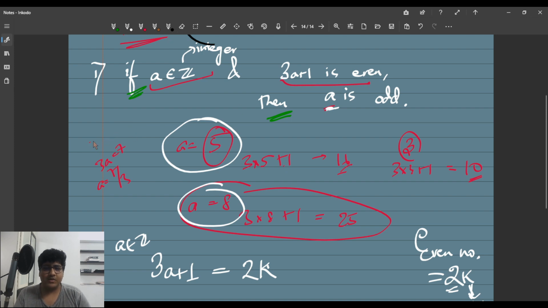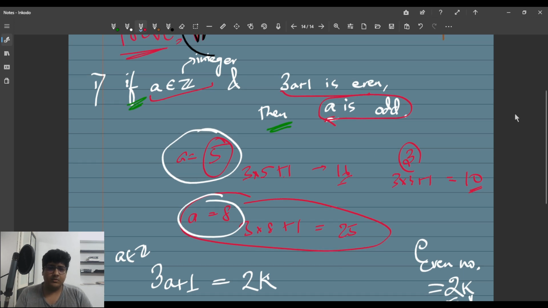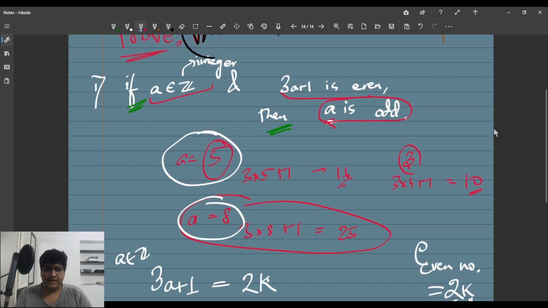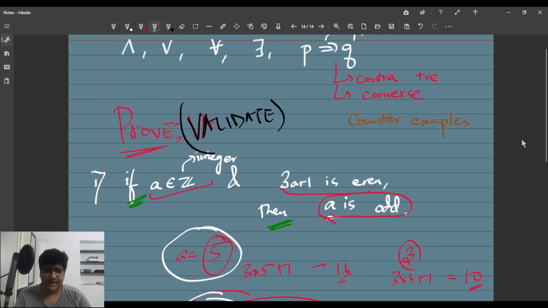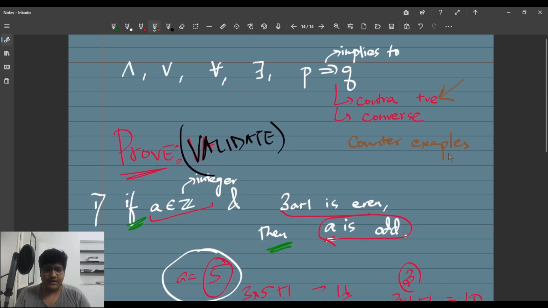This essentially shows that we cannot start from the first statement. We have to start from the second statement somehow. A is odd. So what do we do? You assume that a is not odd. I am gradually leading to this method of proving.